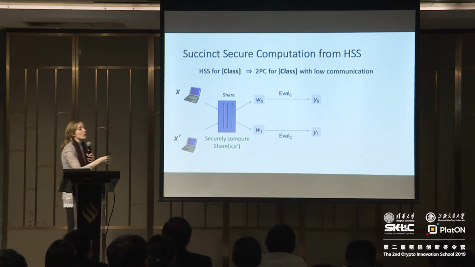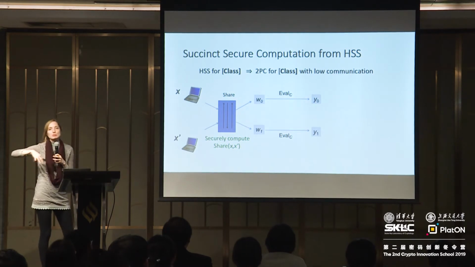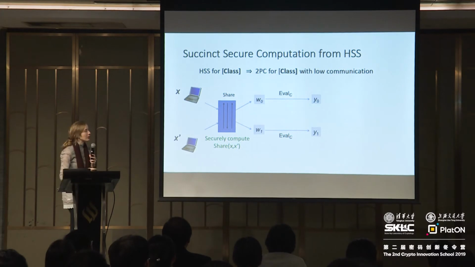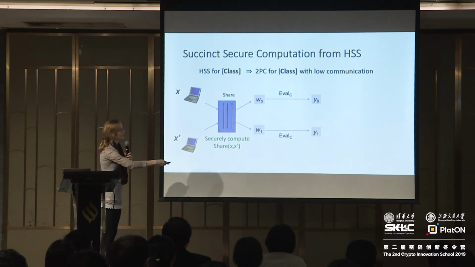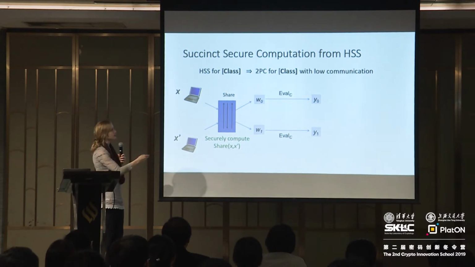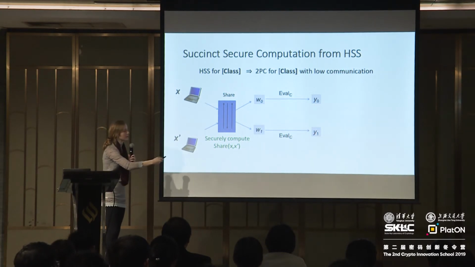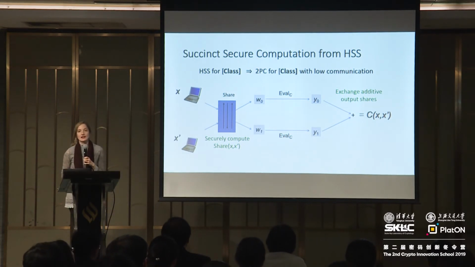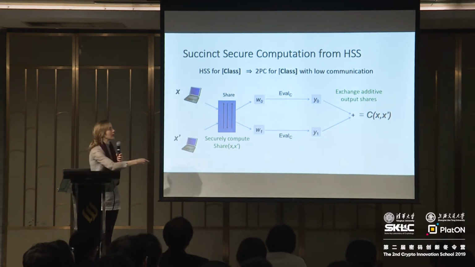And now the homomorphic secret sharing has essentially allowed us to push out the computation of the circuit, this heavier part, to local homomorphic evaluation. Once we get these shares, without talking to each other, we homomorphically evaluate, and then we can simply exchange the shares to learn the final output.